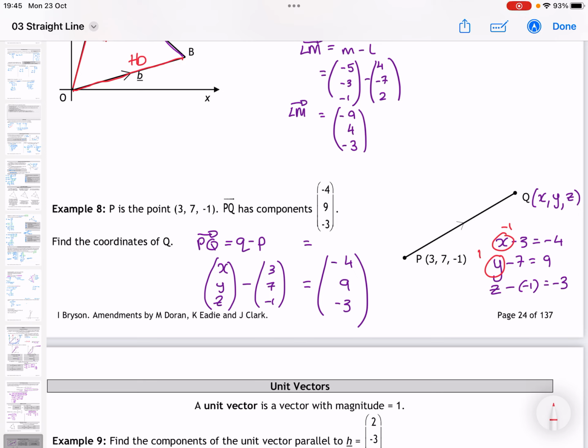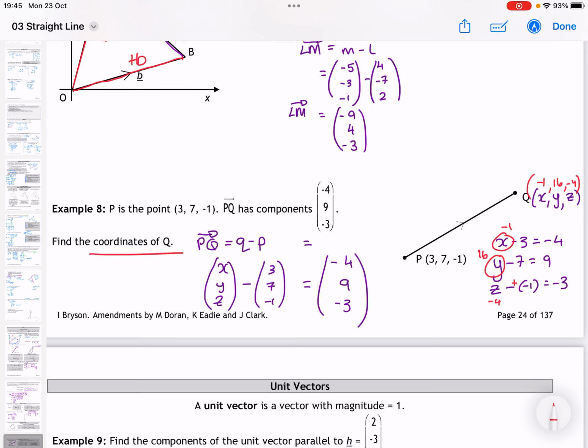That would be 16. For Z, Z plus 1 gives me minus 3, so Z is minus 4. So that means that Q is (minus 1, 16, minus 4).